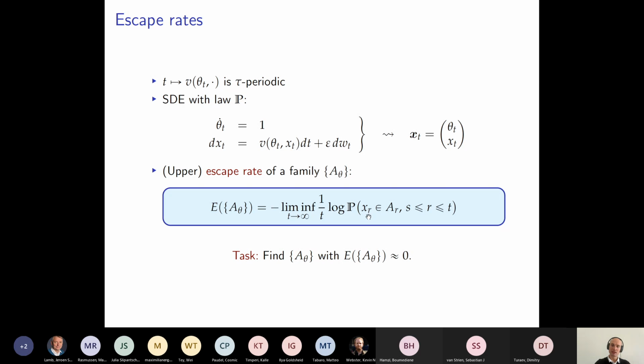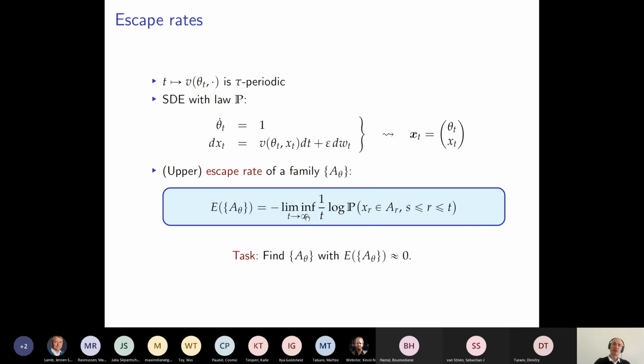So I'm looking at the probability that x stays in A at the given time for all times from s to some time T. As T goes to infinity, this thing, of course, decays to 0, unless A is some trivial set, like the full state space, which I will rule out.